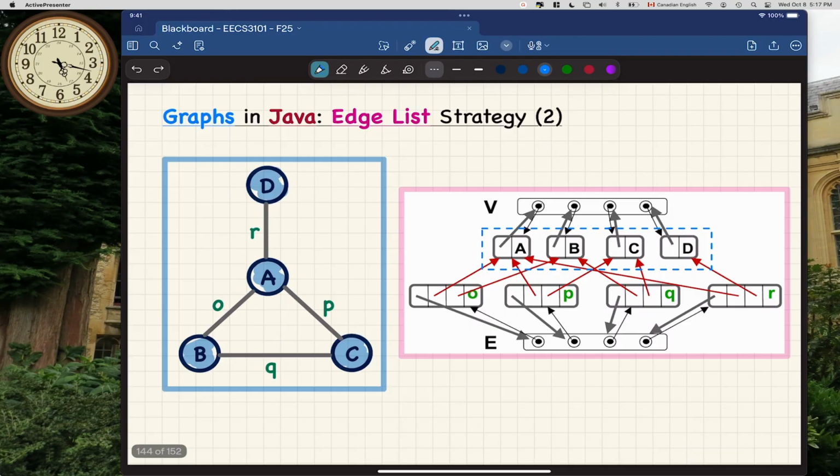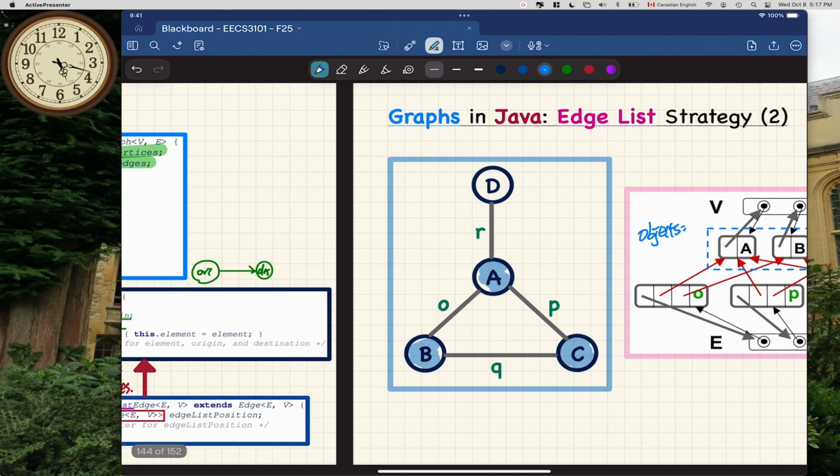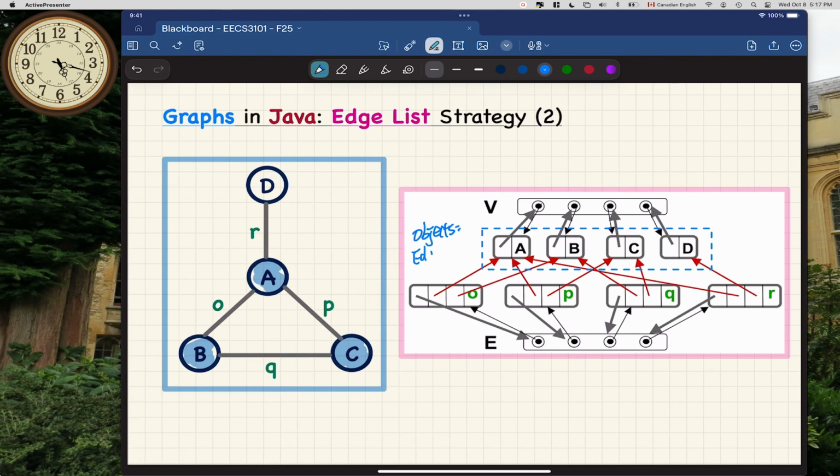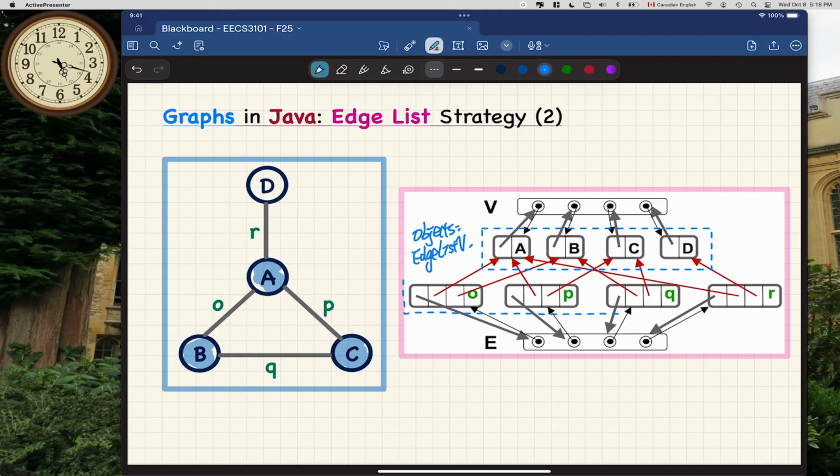So these are the vertex objects. These are some individual objects of type edge list vertex, right here. Okay, edge list vertex. And similarly, we also have the edge objects.